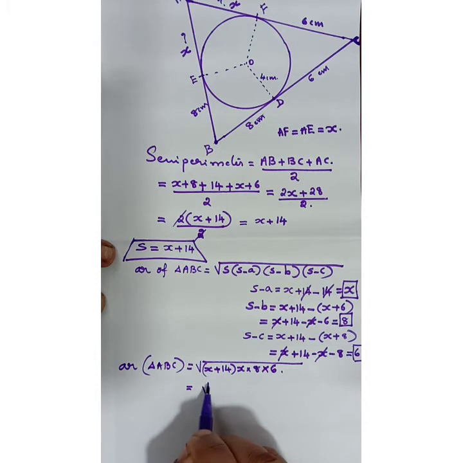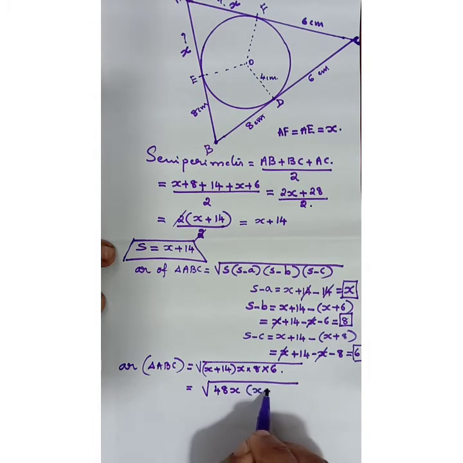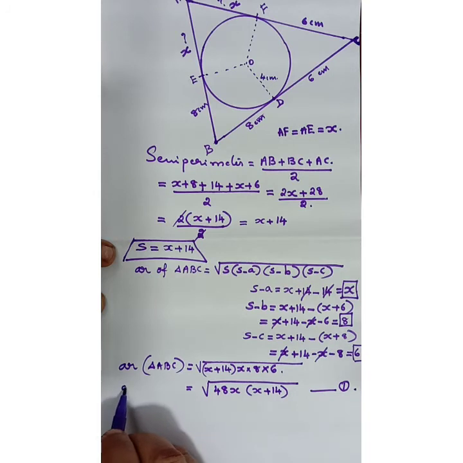So the square root of 6 into 8, that is 48, X into X plus 14. Let it be there. We'll keep it as equation number 1, the area of triangle ABC.